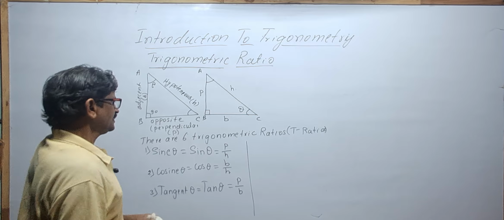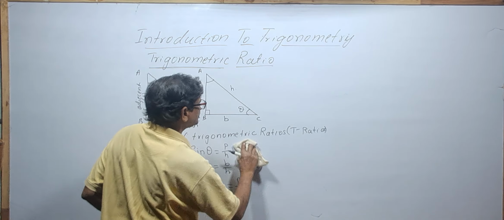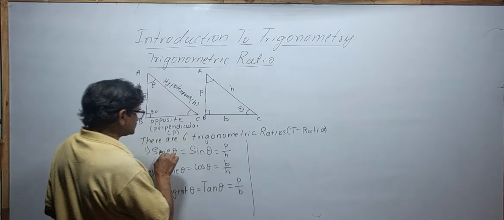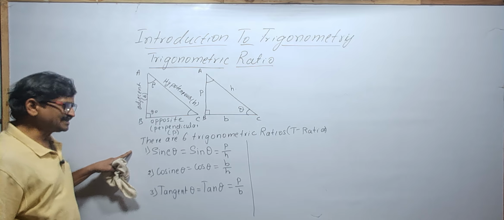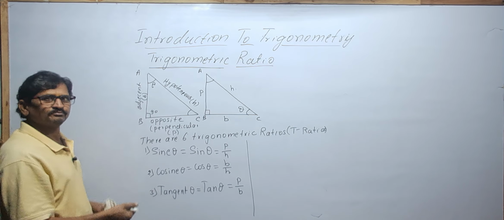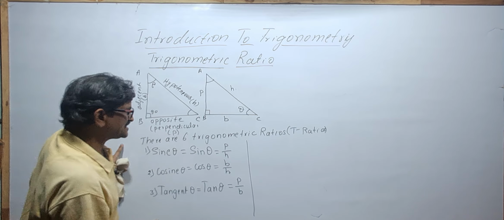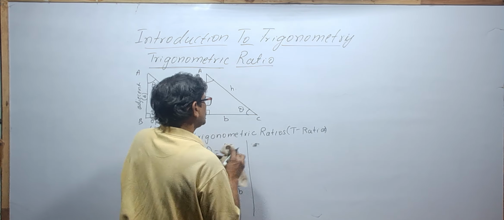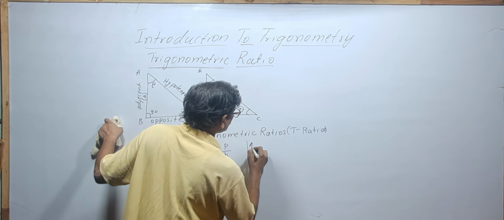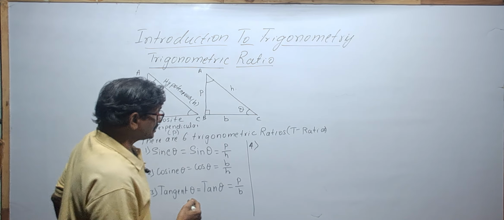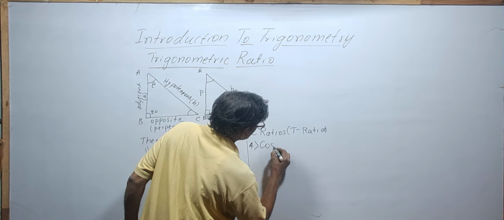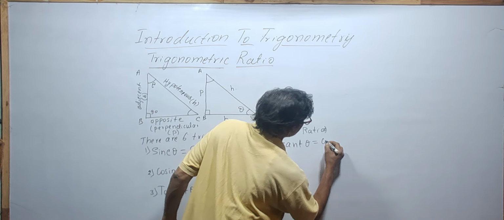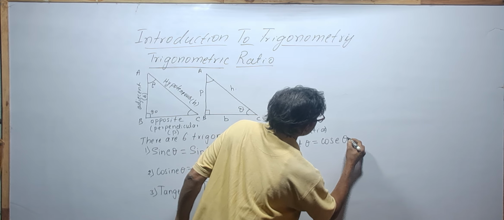These are the three trigonometric ratios, and the remaining three are the inverses of these three. The inverse of sine is the fourth trigonometric ratio, called cosecant theta, shortly cosec theta.